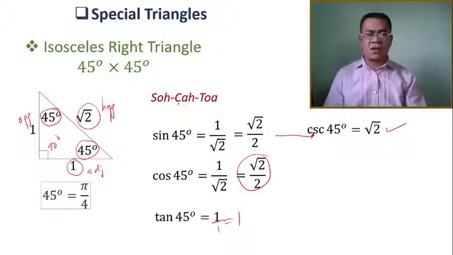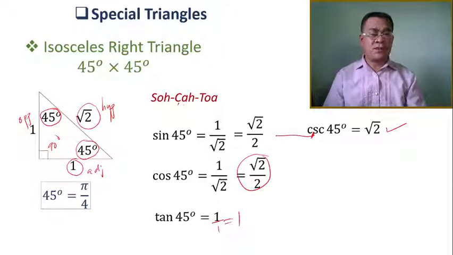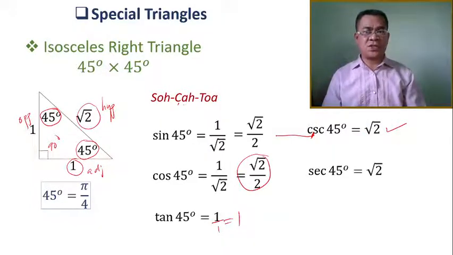Now, take note, our calculator will provide an approximate value, but this one is the exact. We are able to find this answer because of the principle of the special triangle, which is the isosceles right triangle.